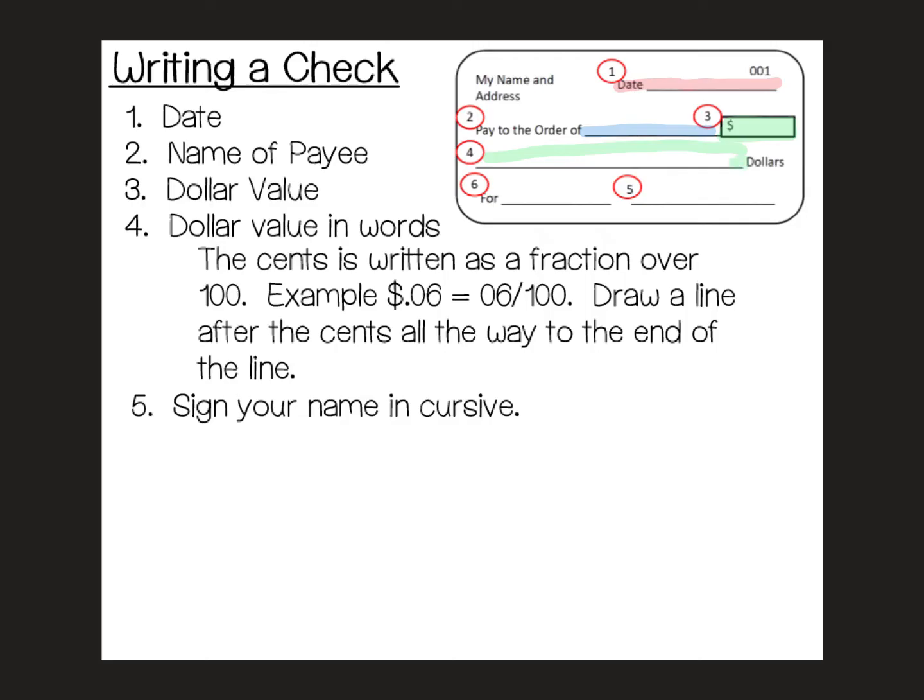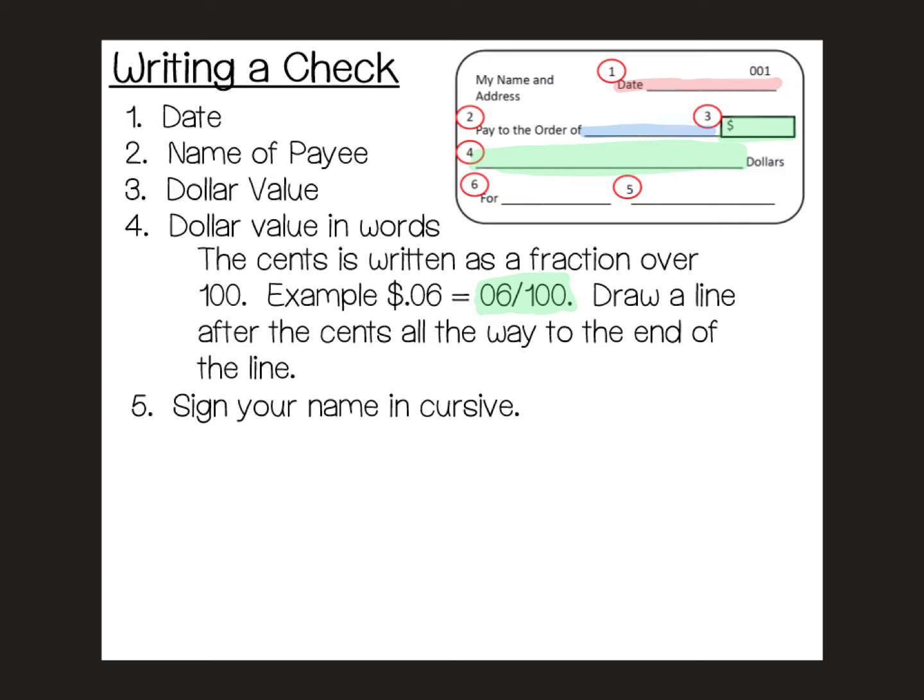So the dollars will be written out in words, but then the cents you write as a fraction over 100. So for example, if you were writing a check for some amount and 6 cents, you would write the 6 cents as 6 out of 100. And then you would draw a line after the cents all the way to the end of the line.